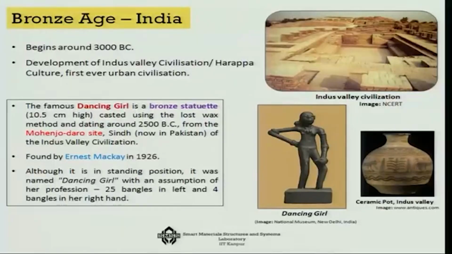Okay, and it is very nicely described in many of our scriptures. For example, if you read Vishnu Puran and similar old scriptures, you will see that it is depicted there how you make an initial model out of wax, and then into this wax model you pour the molten metal, and in that process of course the wax is lost, that is why it is called the lost wax method, and you get the exact replica of the product that you are making.